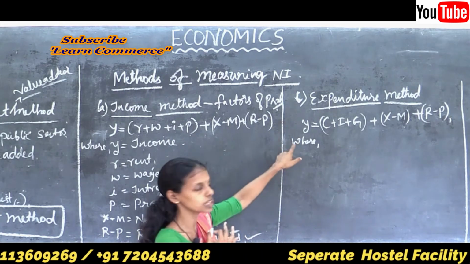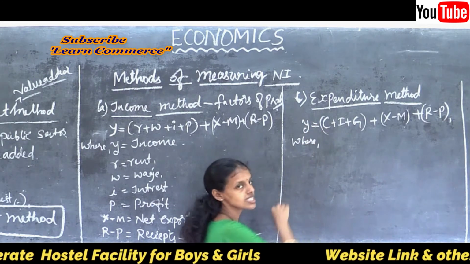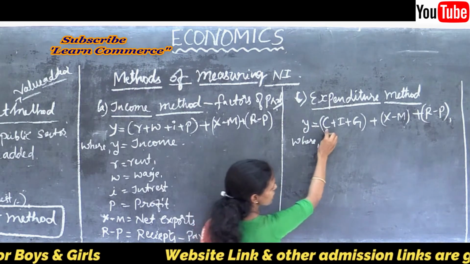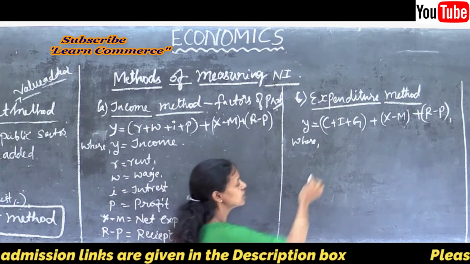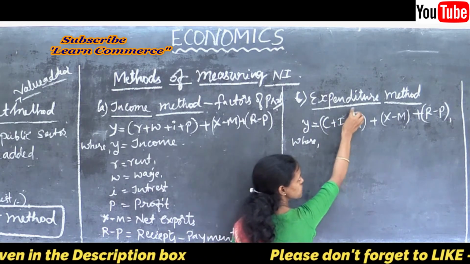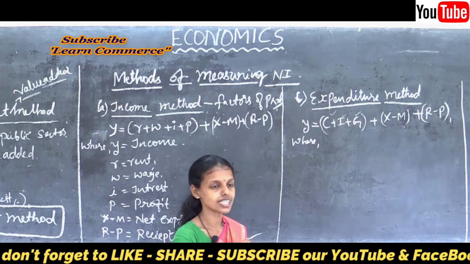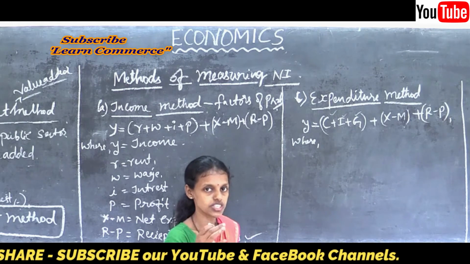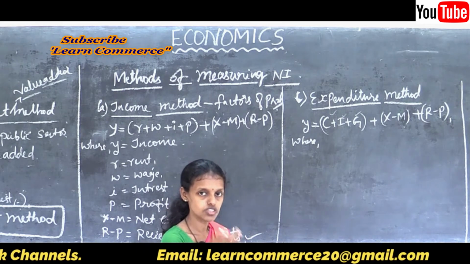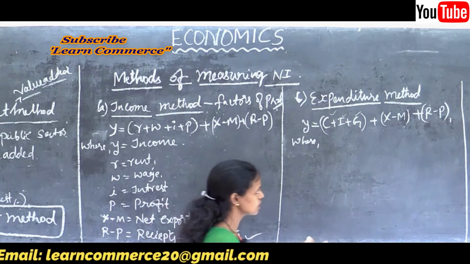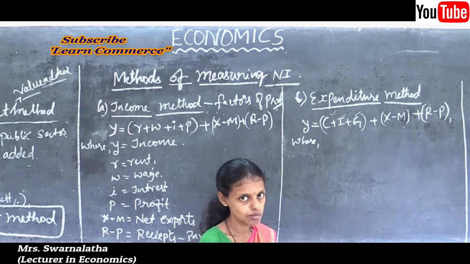The equation to calculate the expenditure method is Y is equal to C plus I plus G, where Y means income, C means consumption expenditure, I means investment expenditure, G means government expenditure. Expenditure or investment made on different sectors is considered while calculating national income, plus export minus import, X minus M, net exports.